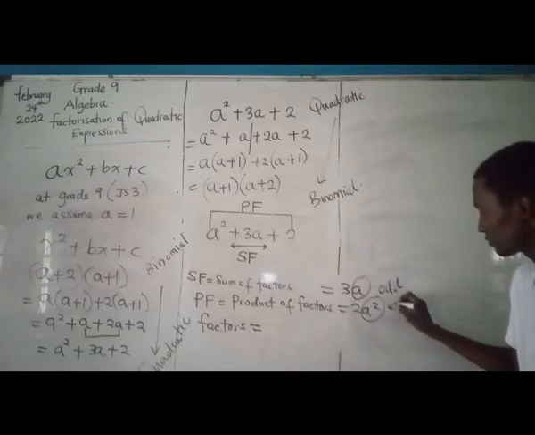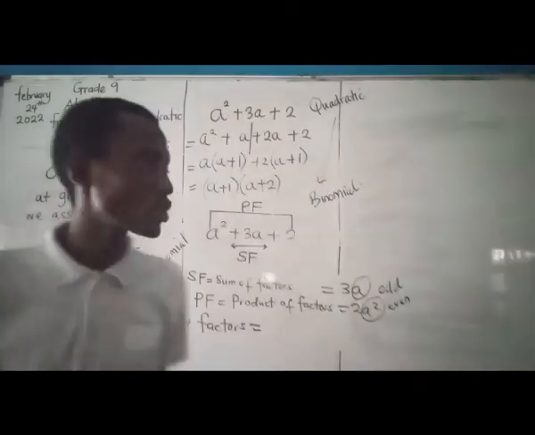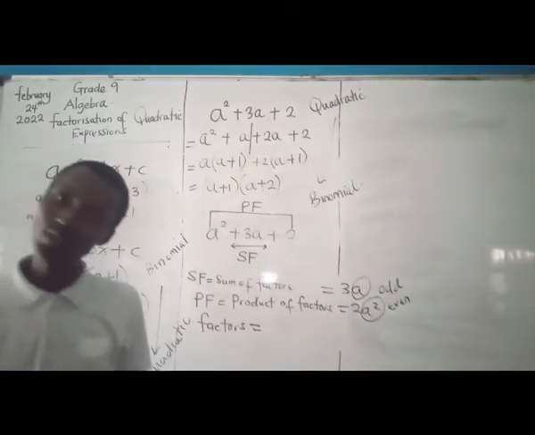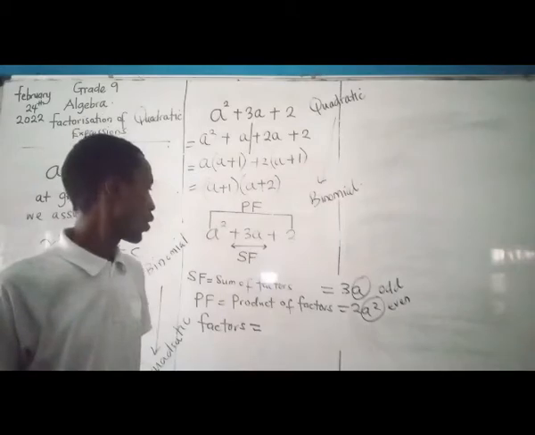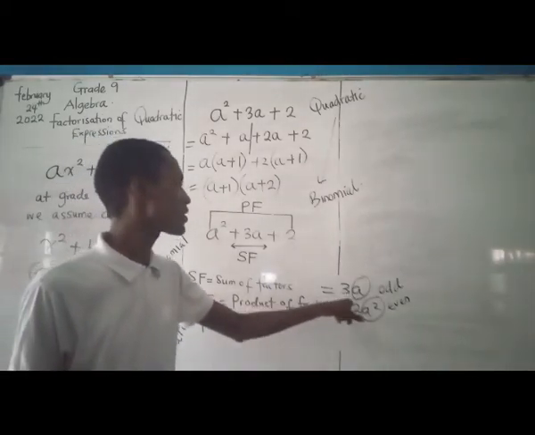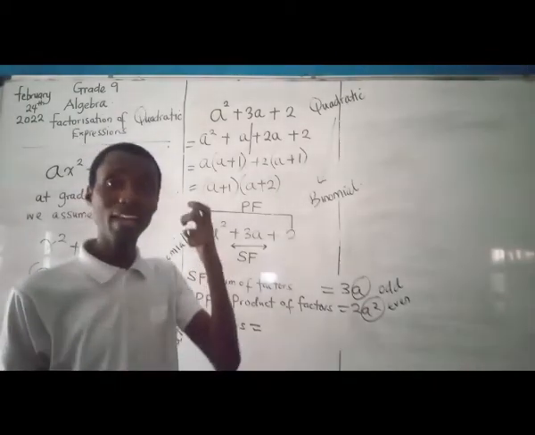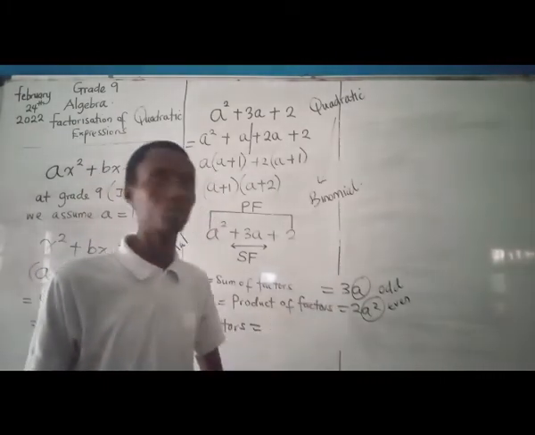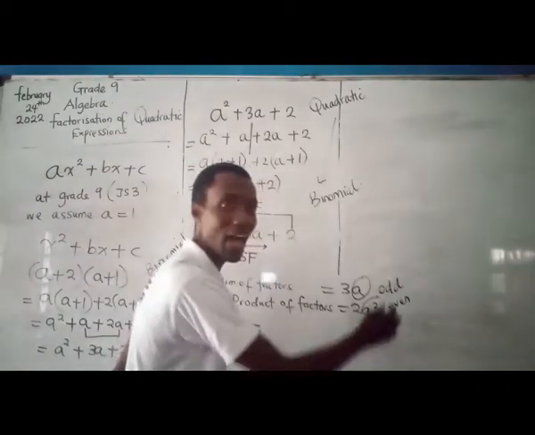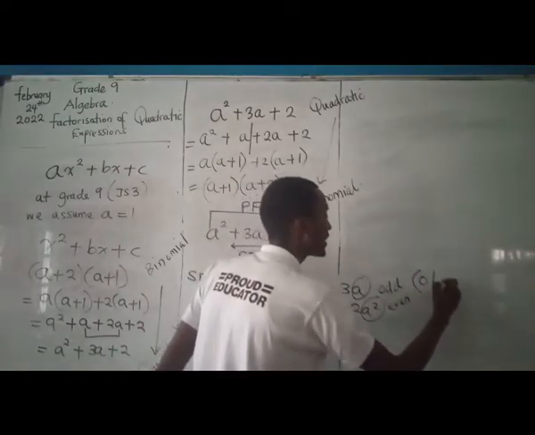Even. Now, what are the conditions to get an odd number when you add up? Go back to your book and check. What two numbers will I need to work with in addition to get odd? Odd plus even. So to get odd, I need to have odd and even.